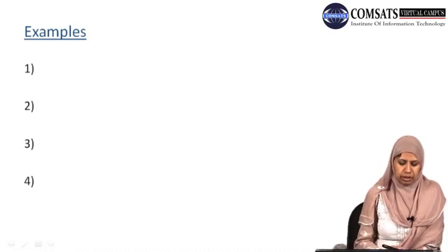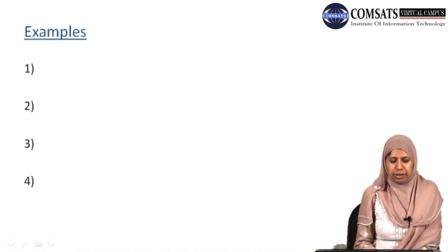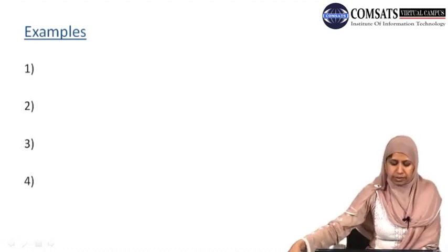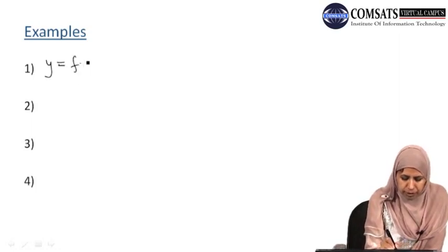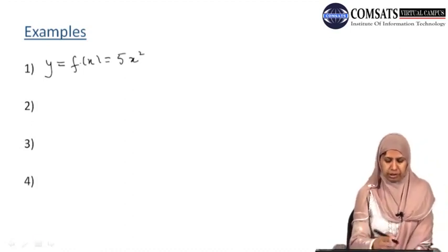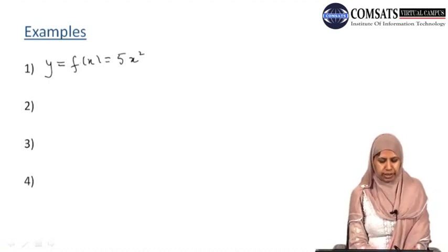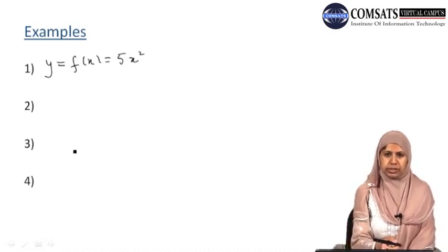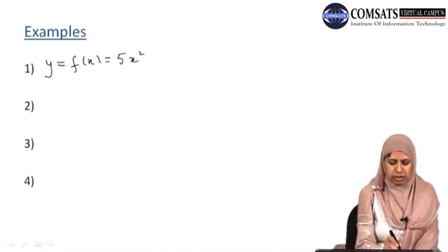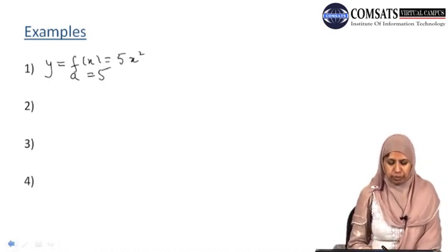These examples are basically the examples of quadratic functions which we have identified from our previous slides. Our first function was y is equal to f of x is equal to 5x square. If we look back at our previous slides where we did the examples of quadratic functions, this was an example of a quadratic function with a equal to 5 and b and c equal to 0.